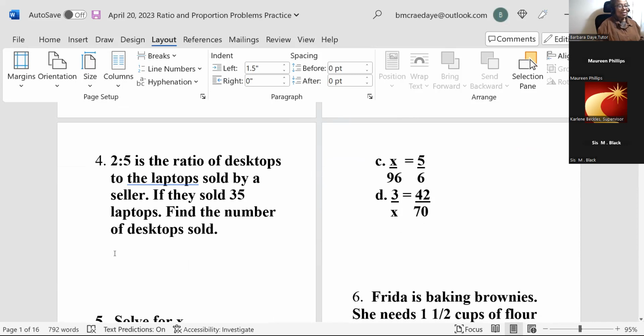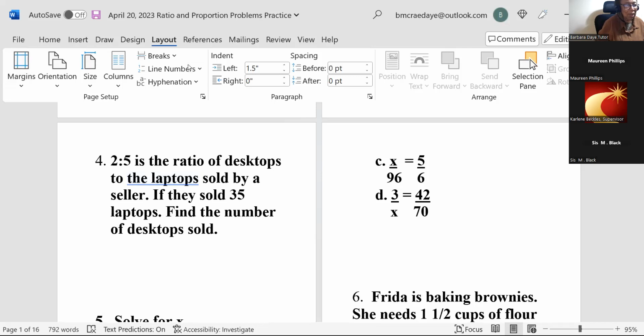Okay, so now you could do number 4. You want us to do number 4? Yeah, 2 to 5 is the ratio of desktops to laptops. So if you sold 35 laptops, how many desktops did you sell? Set up your proportion and solve for the number of desktops. Set two ratios equal.